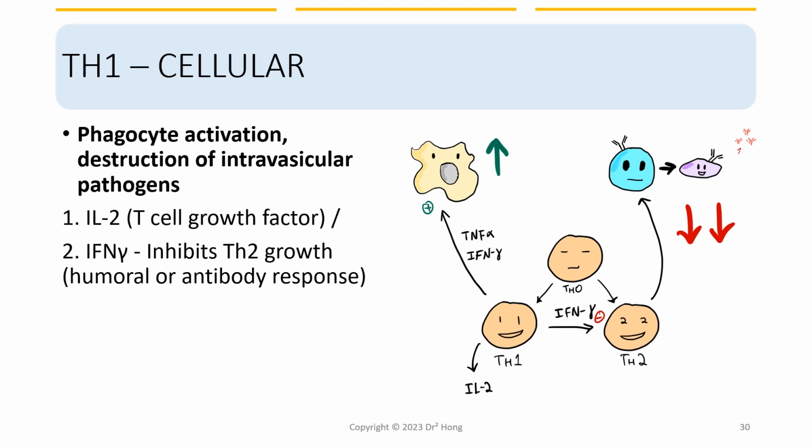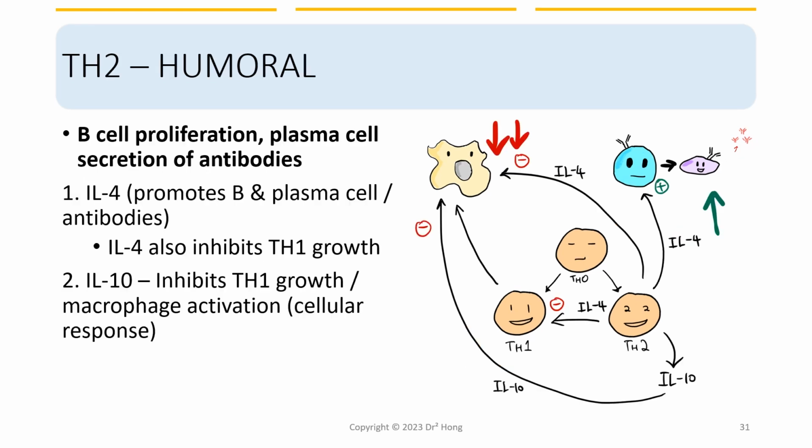So it shows you are activating one branch, enhancing more Th1 mechanisms, and you are suppressing Th2 mechanisms at the same time. Th1 helper mechanisms we also have a dedicated name for, called cellular helper, because it is helping cellular actions. Within this balance, the Th2 is helping humoral responses.